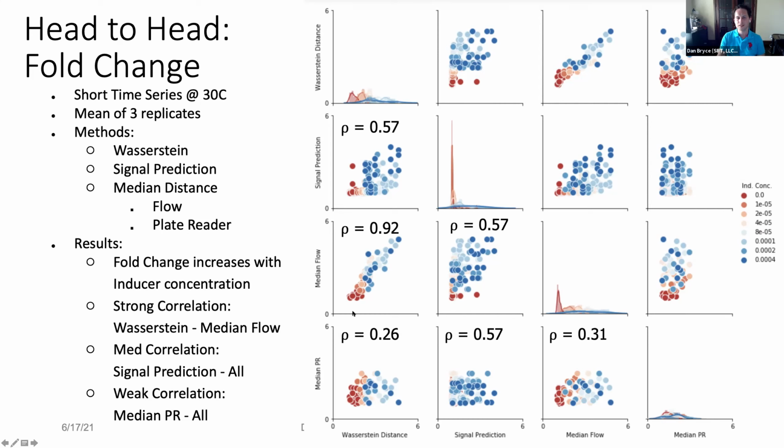So we produced this analysis where we have four different ways of predicting the fold change in a circuit based upon the inducer concentration. It goes from red to blue as inducer concentration increases. We saw that between all of these techniques, they tended to be correlated relatively well. They didn't agree in all cases, but it gave us some sense that the predictions we were making with these tools were not completely crazy from each other.